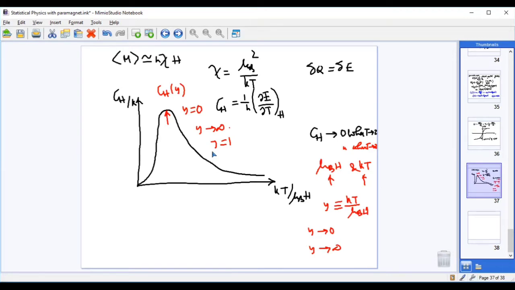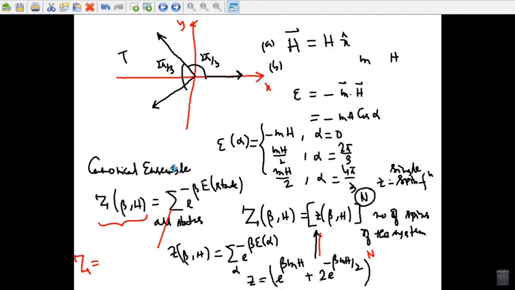The nature depends upon whether it is high temperature or low temperature, and it gives a peak around a temperature like this. So this is the solution of the problem we have mentioned. So we are discussing another problem.